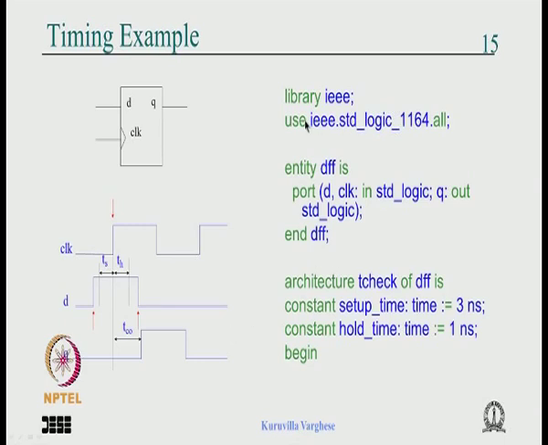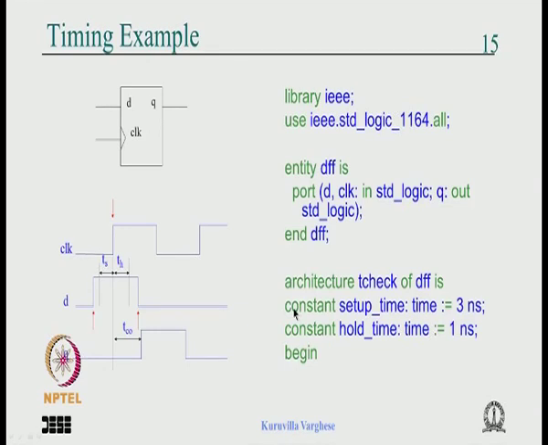So this is code which can be used in principle for simulating the behavior as well as for timing checks. The library, package clause, entity: D and clock are inputs, Q is output. Now in the architecture declaration region we need to specify the setup and hold time.